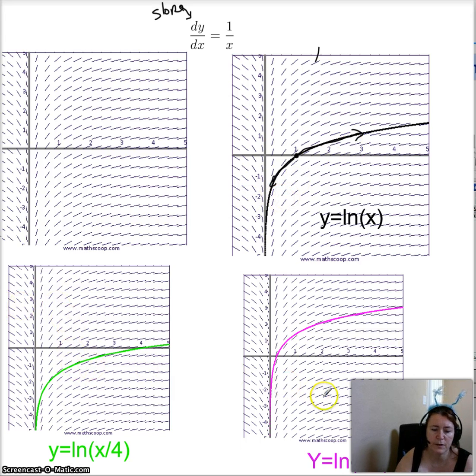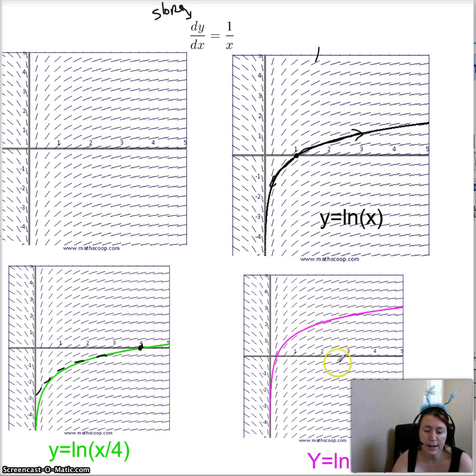These are particular solutions. If I graph y equals natural log of x over 4, then I know log of 1 is 0, so this is 0 when x is 4. Then I'm just sketching the slope at any given point along this curve. That's what the slope fields give you.